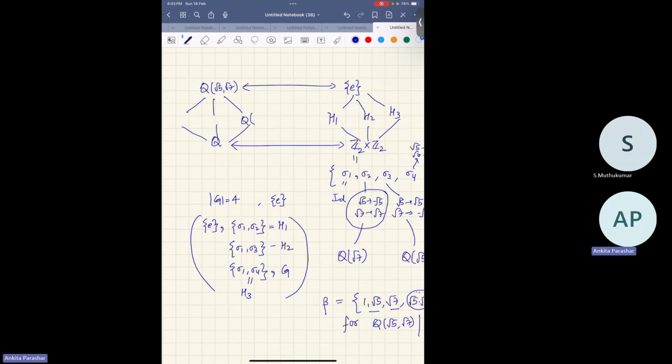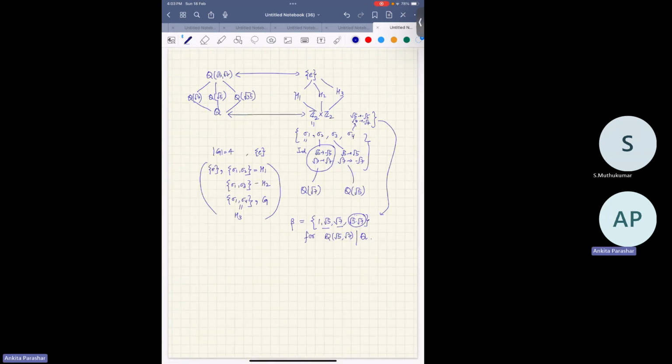This is Q. So, H1, H2, H3. So this is Q root 35, Q root 5, Q root 7. Yeah, so we write then Q root 5, Q root 35.